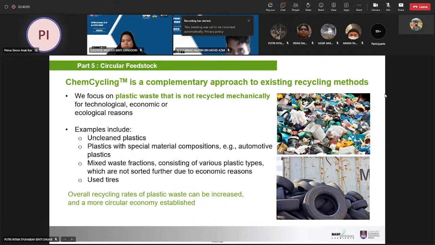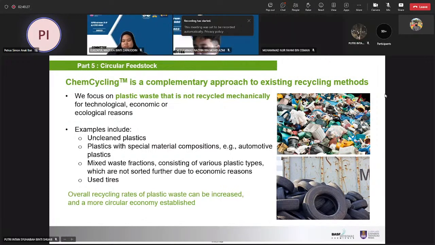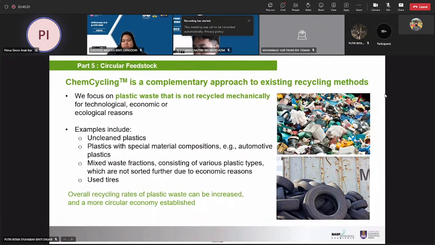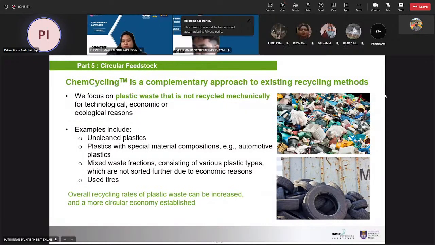For example, unclean plastics used for food containers, plastics with special material compositions, like the ones used in automotive, or mixed waste fractions consisting of various plastic types, which are not sorted further because of economic reasons, and of course used tires.